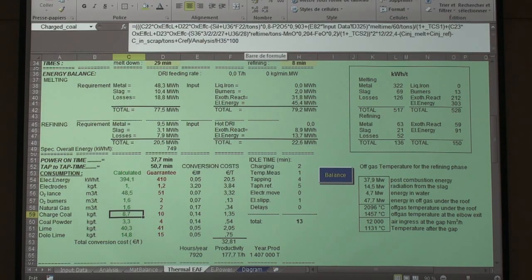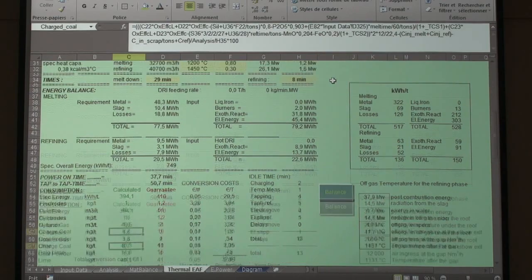This oxygen has to burn the carbon under a certain ratio of CO and CO2. So you have to compensate depending on the combustion, post-combustion. That's why you divide by 1 plus TCS.